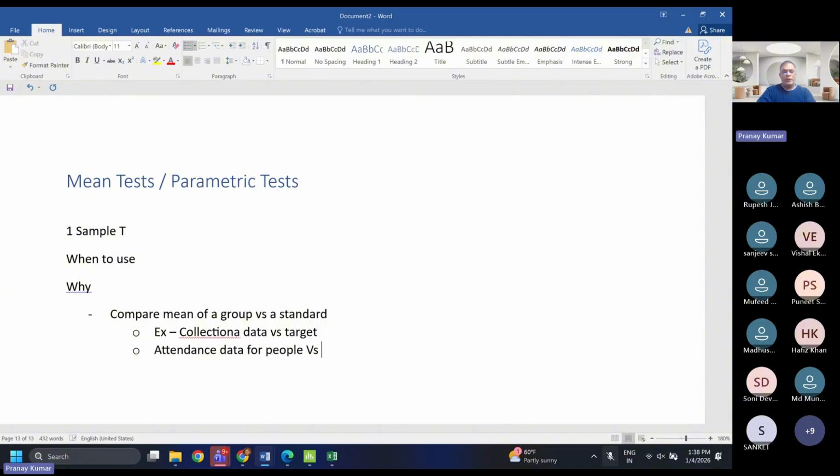And I want to compare against a target of, let's say, 140 hours, which is the organizational norm. The organization wants everyone to come to the office for 160 hours. I want to check if people are able to achieve that or not. I am looking at doing the one sample t test. People with me so far? Yes, sir.